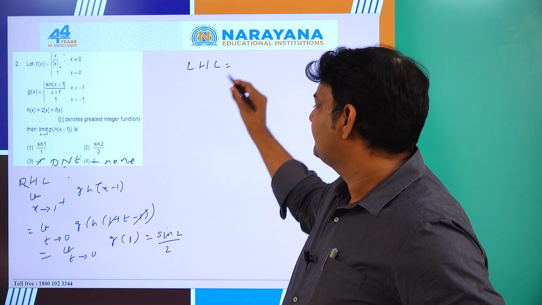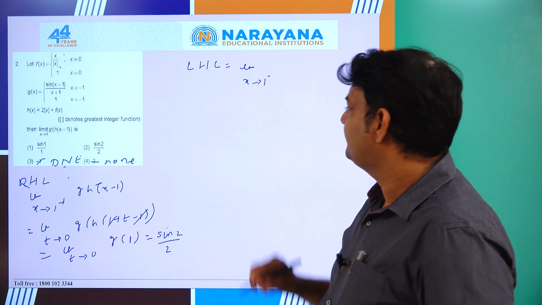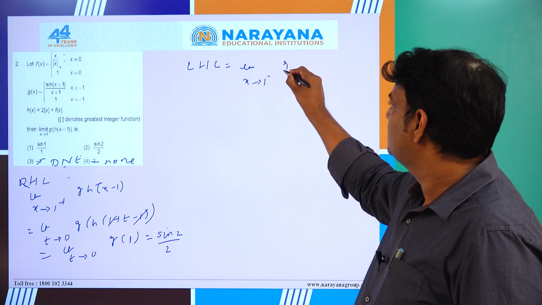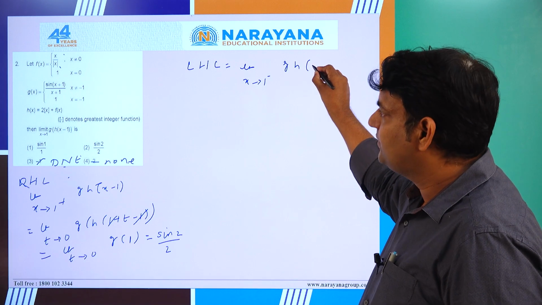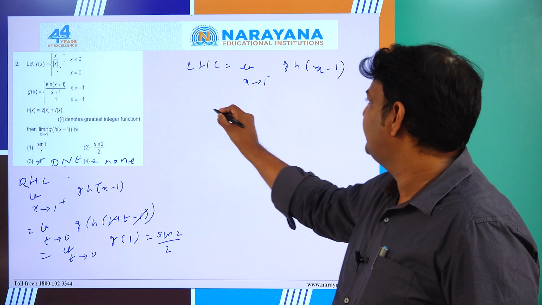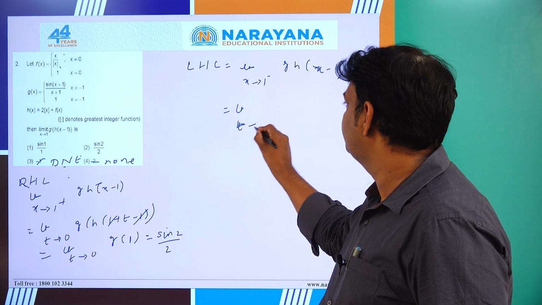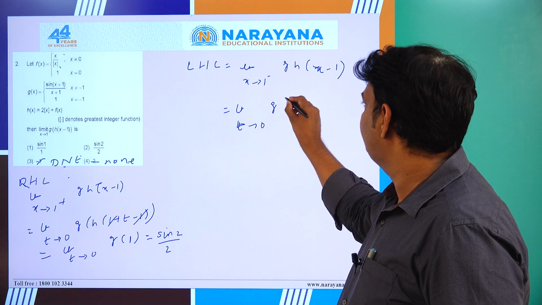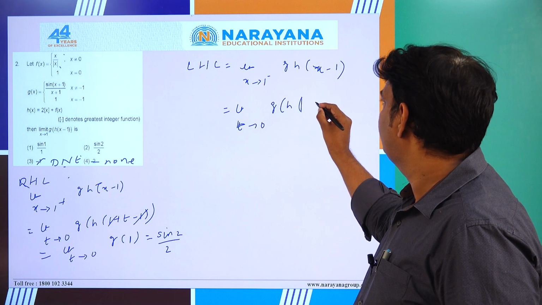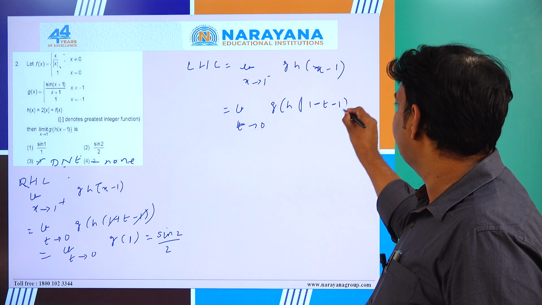That is limit x tends to 1 minus g of h of x minus 1, that is limit t tends to 0 g of h of 1 minus t minus 1.